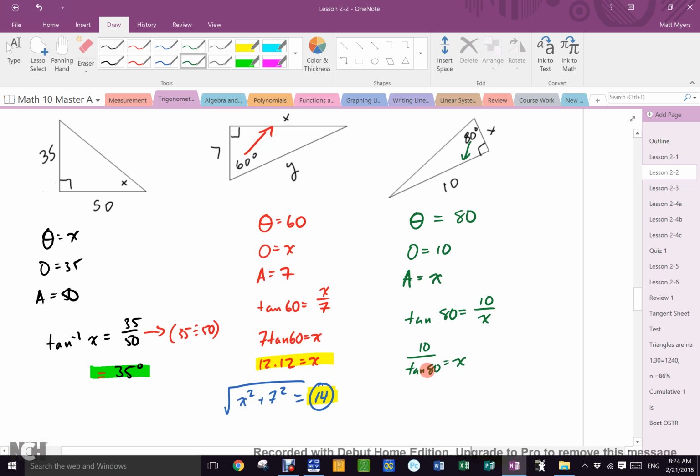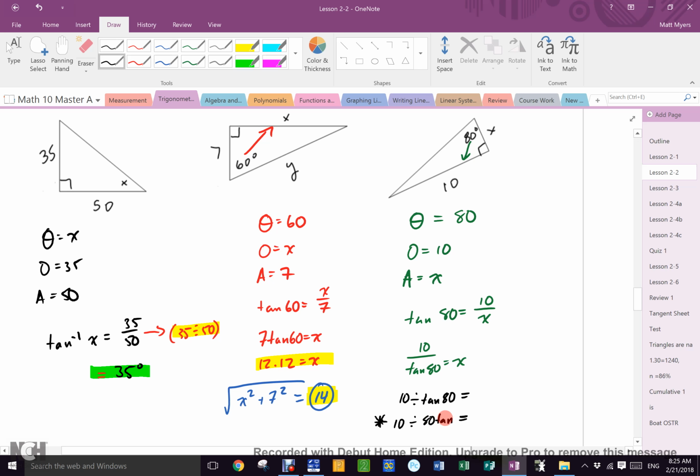How do you enter that into your calculator? Same way you entered that into your calculator. 10 divided by tan 80 equals. Or, if you have a backward calculator, 10 divided by 80 tan equals. Why is the backward calculator a hassle?